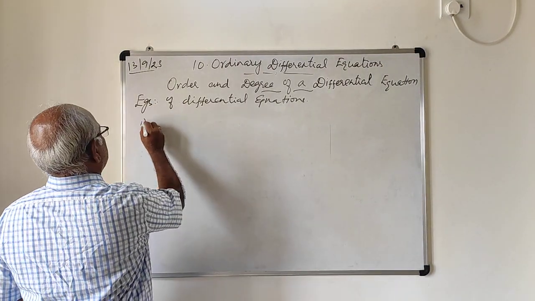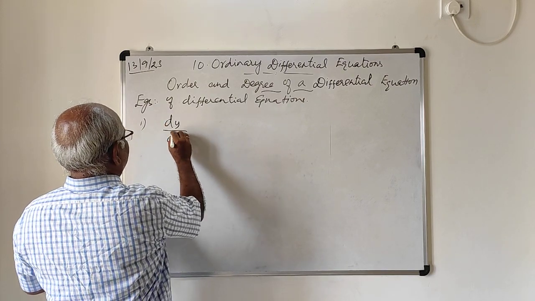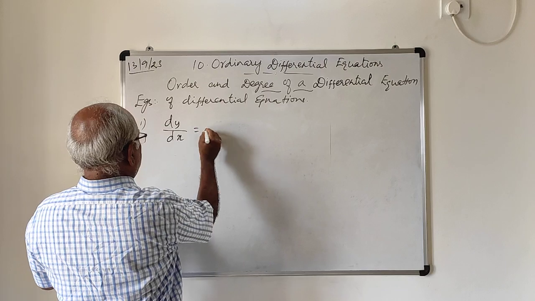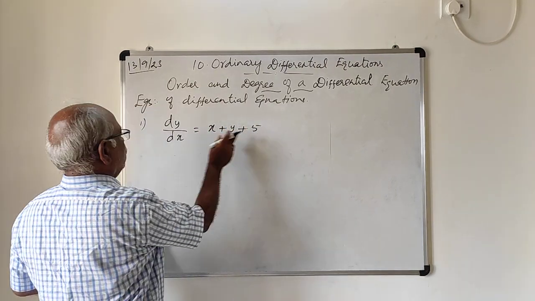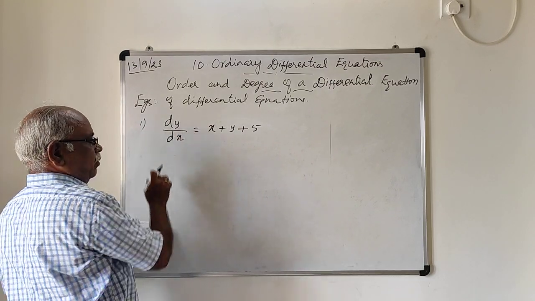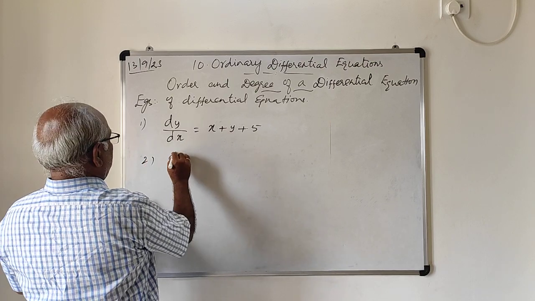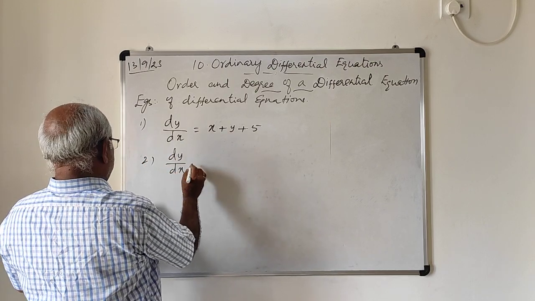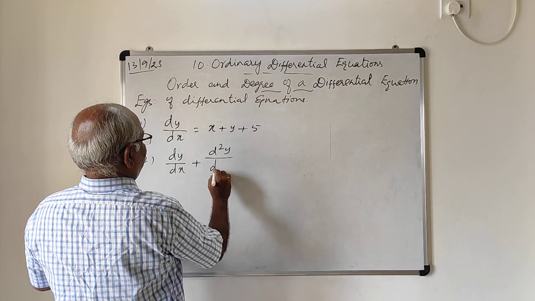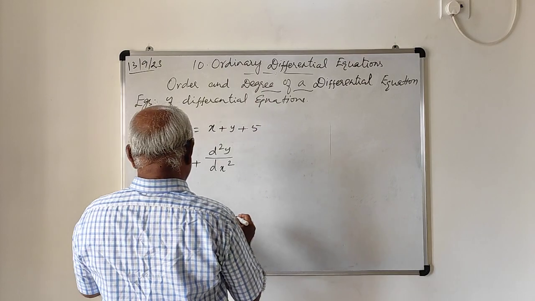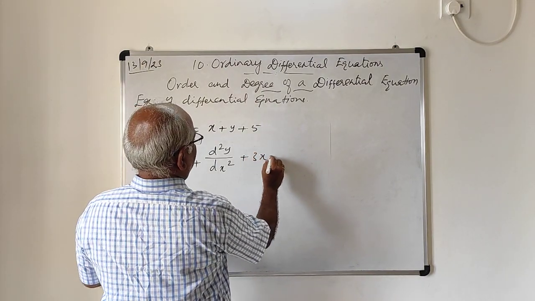Examples of differential equations. Number 1, dy by dx equal to x plus y plus 5. This is an example for a differential equation. It consists of a differential dy by dx. Similarly, one more example, dy by dx plus d square y by dx square plus 3x equal to 0.